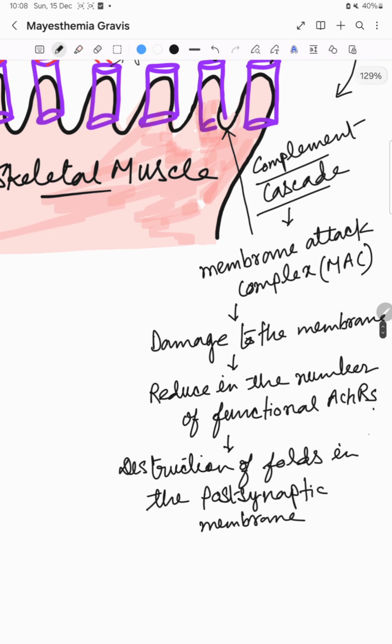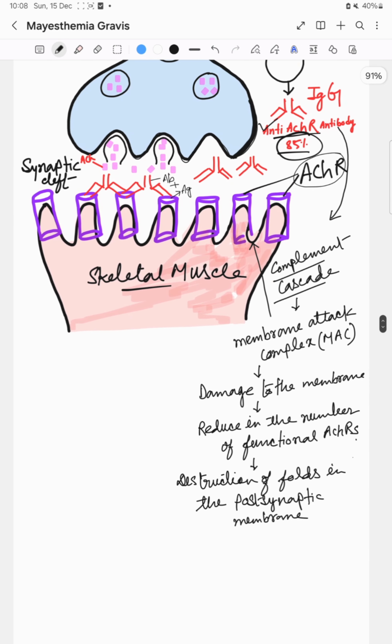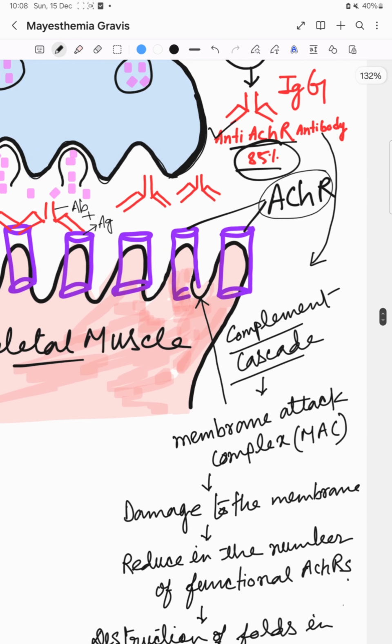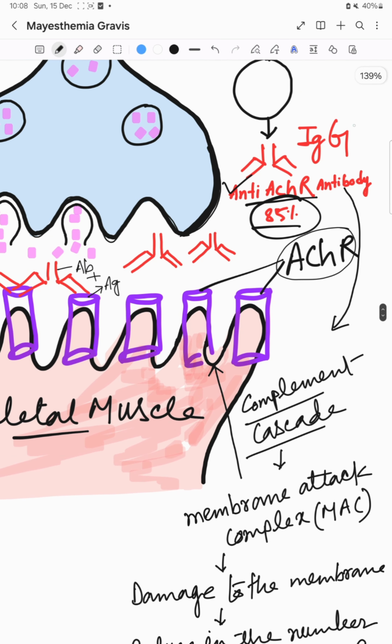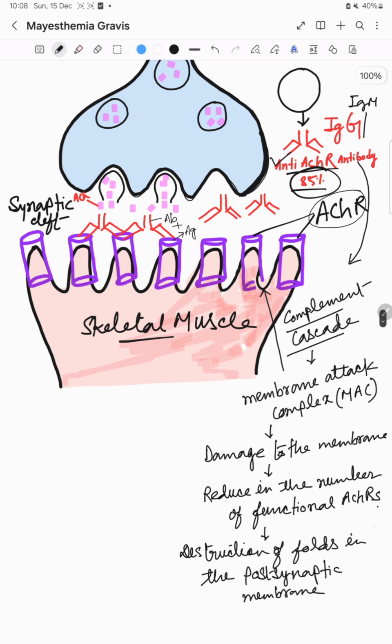Actually, how this complement cascade gets activated by the antibody is a part of immunology, because only IgG and IgM antibodies can activate this complement pathway. And for myasthenia gravis, the antibody is IgG type, so it can activate this complement cascade. There is activation of some proteins, denoted by C1, C4, and so on.